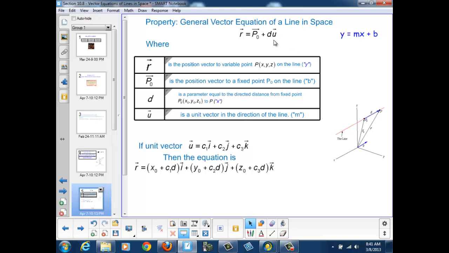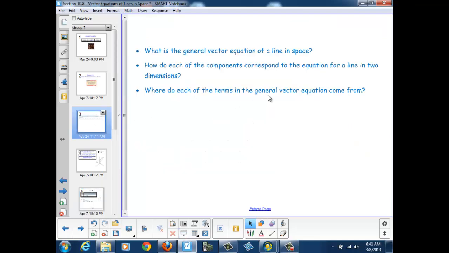And finally, u is the unit vector in the direction of the line. So just like our slope tells us how to move away from our original point, u tells us how to move away from our original point on the three-dimensional line. So it's our m value. Where do each of the terms in the general vector equation come from?